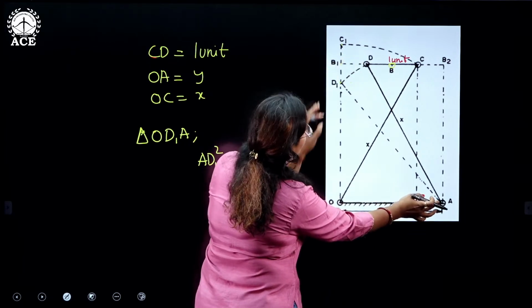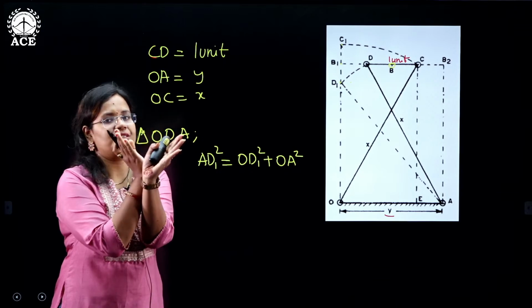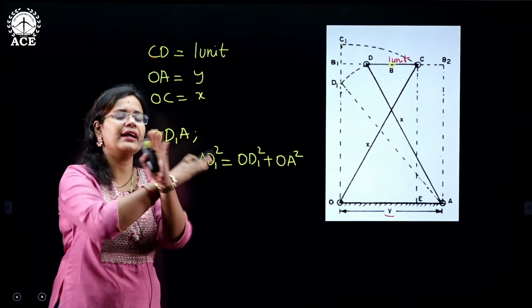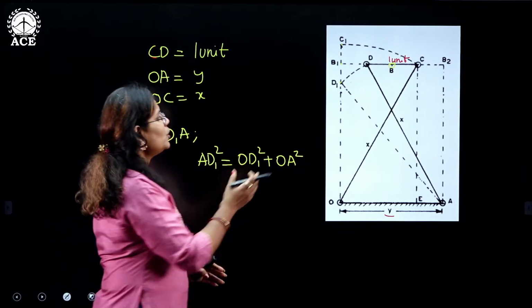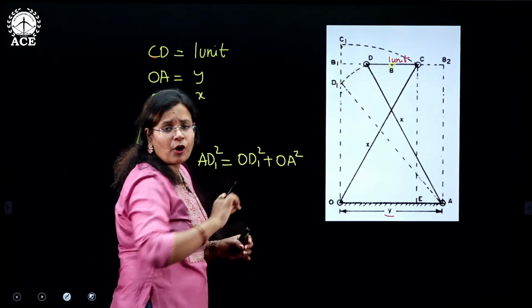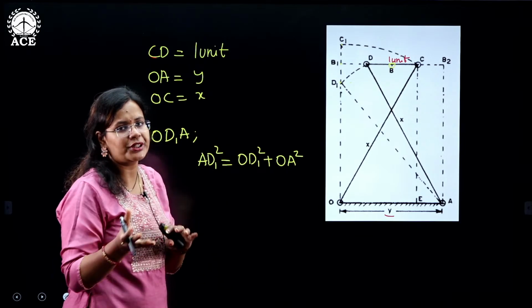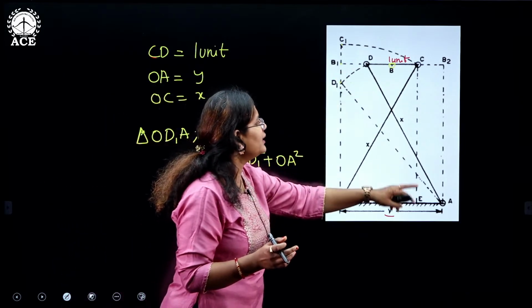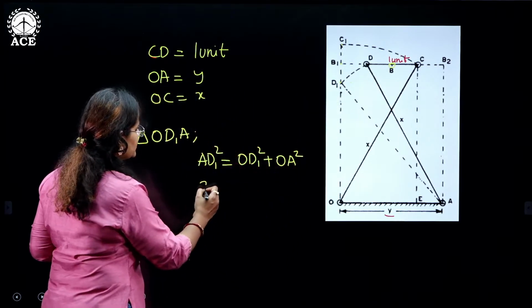Is it true? Because whenever the mechanism is moving, the link lengths won't change. Whenever they are moving this side or this side, the link lengths will not change. So D point is just tracing and reaching the point D1. That's it. They are not getting elongated or shortened. So the length of AD will be the same as the length of AD1. So can I say that is x?